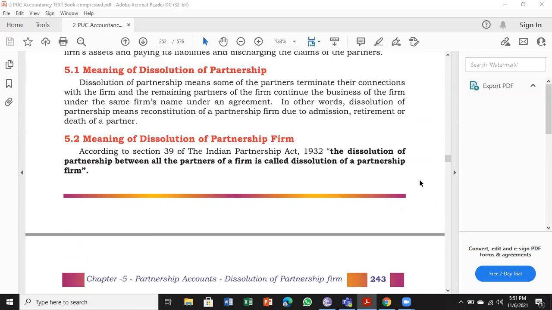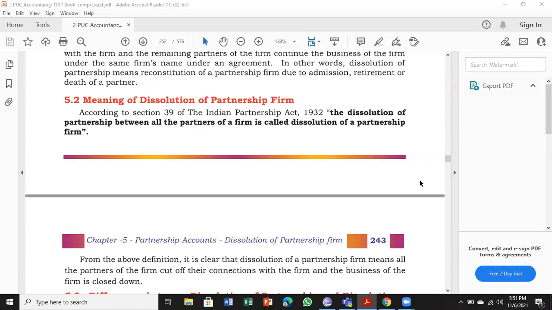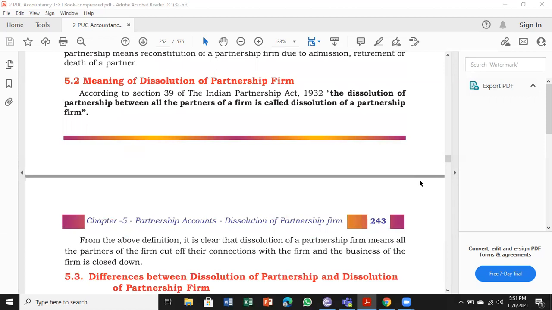So dissolution of partnership is reconstitution of the partnership firm due to special situations like admission, retirement, or death of a partner, whereas dissolution of partnership firm is, as the Partnership Act of 1932 defines under section 39, the dissolution of partnership between all the partners of a firm.